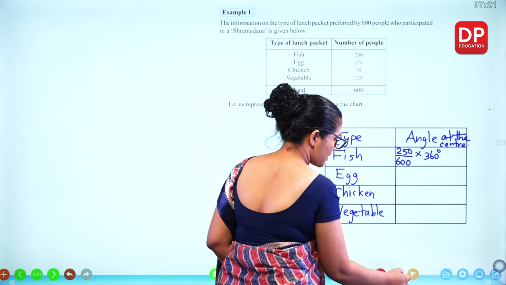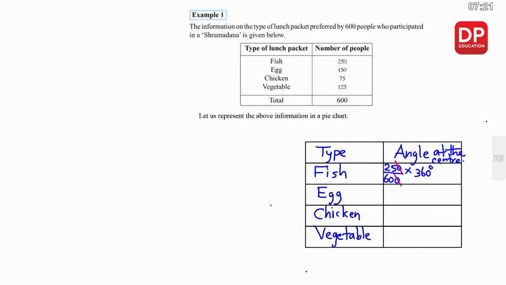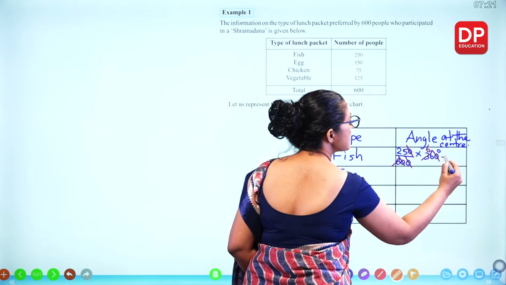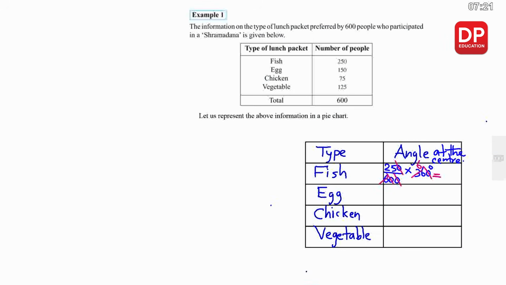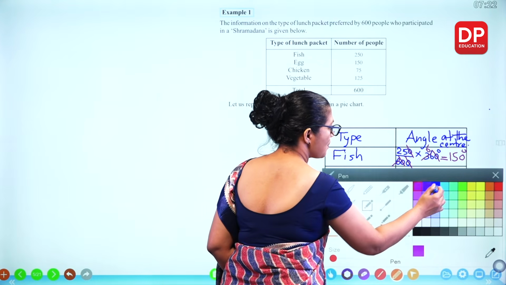So I can cross out this 0 with this 0 and then this 0 with this one, and 6 times 6. So 25 times 6. So what is 25 times 6? I can write 6 times 5, 30, 3 remaining, 6 times 2, 12, 12 plus 3, 15. So 150 degrees.